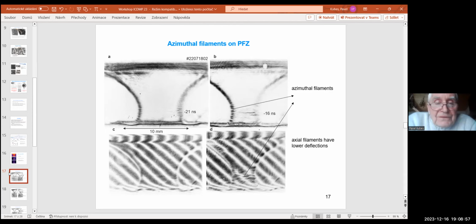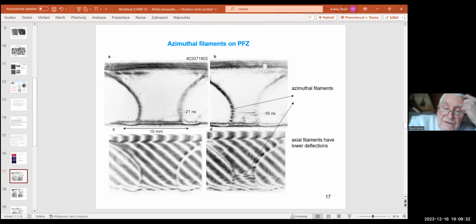What are those? We see azimuthal filaments only in the boundary. No, I'm saying you look at, how do you annotate? We interpret that we see these filaments only due to their higher length along the diagnostic beam.